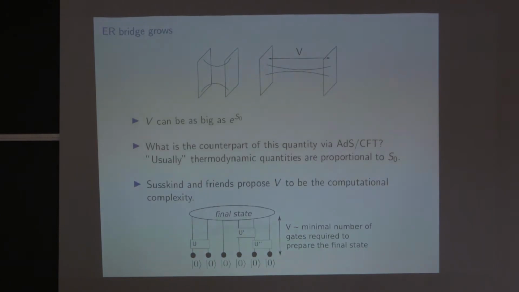I have a universal but limited dictionary of gates, meaning I can obtain every state this way. And then it turns out that this complexity of state preparation can actually be exponentially big. So this is some quantity which is not necessarily extensive in the number of degrees of freedom, but can be exponentially big.